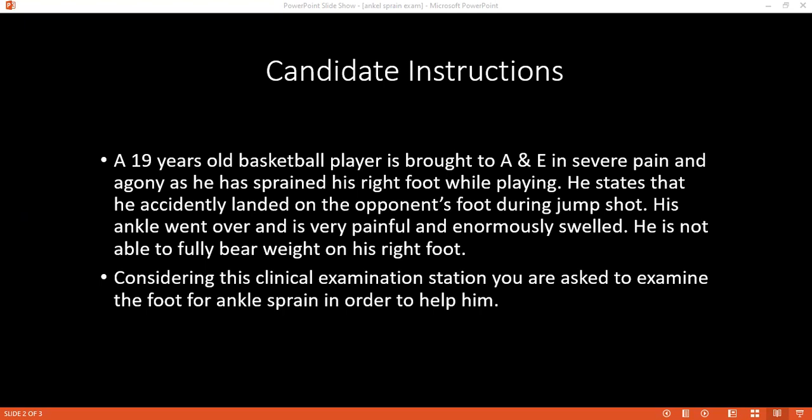Then I will do special tests: the anterior drawer test for assessing the anterior talofibular ligament, and the valgus and varus stress tests to assess the deltoid ligament and calcaneofibular ligament.